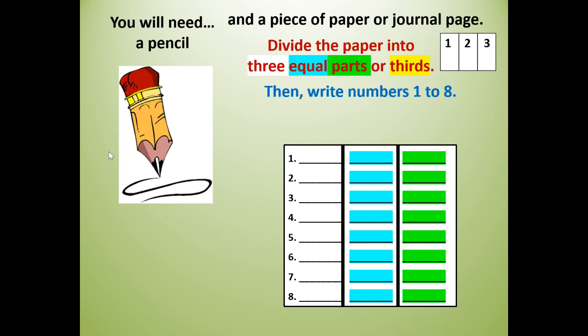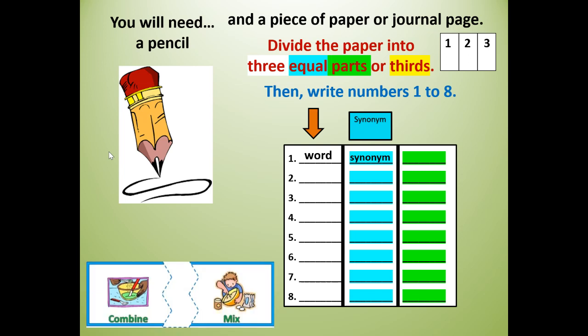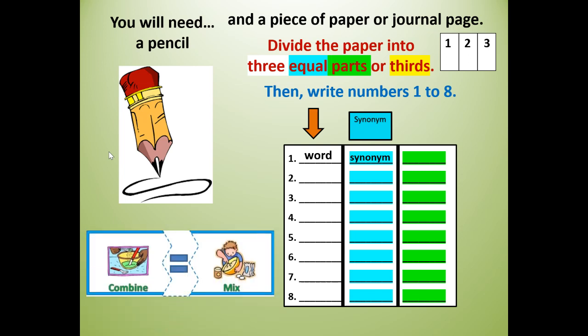And then you're going to write numbers 1 through 8. And every time you see a new vocabulary word, you're going to write the word. Then, depending on what the word means, you're going to write a synonym. And a synonym means a word that means the same or is similar.